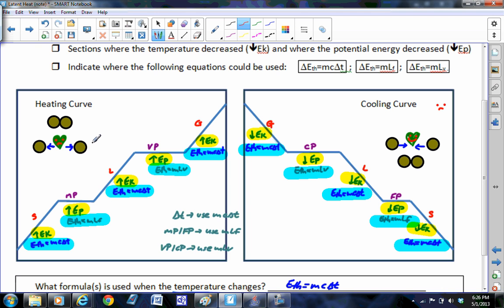And so we're really breaking bonds with that energy. Once we've broken all the bonds, the particles start moving again, so they've got more EK until we hit the vaporization point. At that point, again, just like before, the bonds between particles are broken, increasing the potential energy until we have a change of state. Everything is in a vapor, and then the energy is being used to increase the EK.